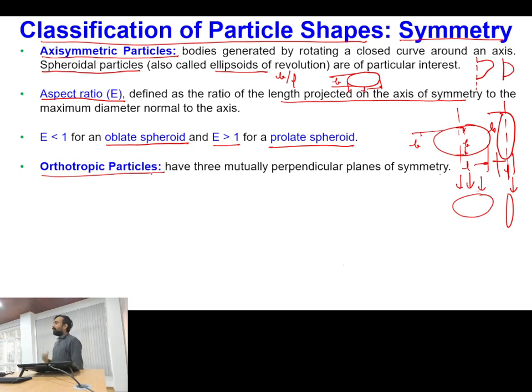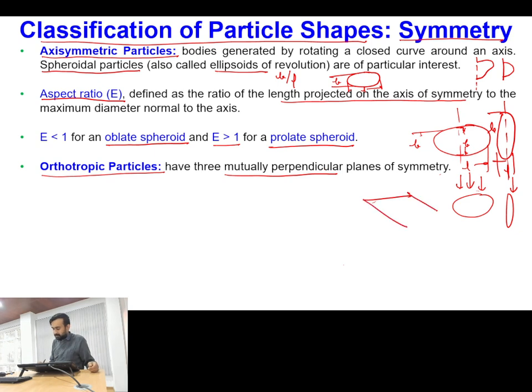So then we can also define some particles as orthotropic particles. If we have a particle which shows planes of symmetry about 3 mutually perpendicular planes, then we will be calling that particle an orthotropic particle. Okay, so if you take a simple cylinder or rectangle, all these will be symmetric about their mutually perpendicular planes.